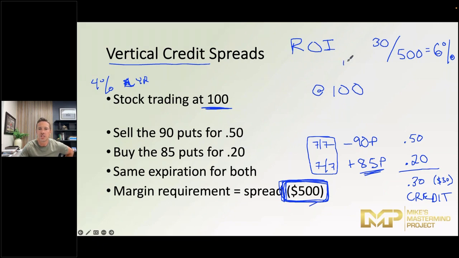So whether it finishes at 105, 101, 100, 98, 93, 91, we will hit that max profit. Any questions on the chat, Lee, before I clear this off?